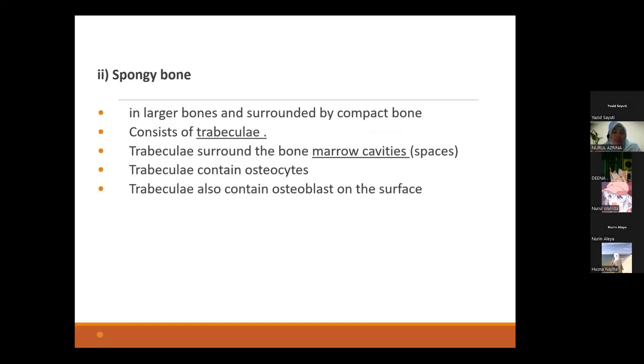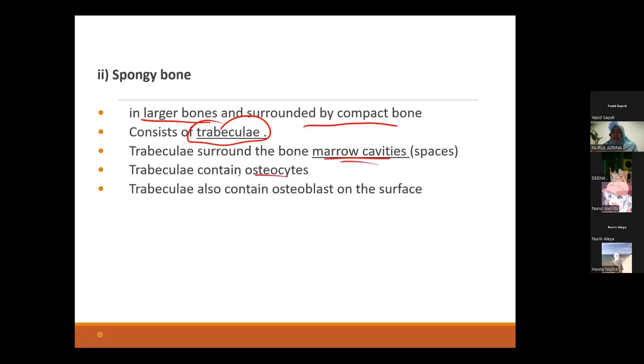Okay. So next we go to the structure of spongy bone. Right. So spongy bone can be found in large bone, and usually it is surrounded by the compact bone. So it consists of trabeculae. So what is trabeculae? Trabeculae is the spaces. Rongga-rongga yang kita nampak tu we call as trabeculae. Okay. Trabeculae surround the bone marrow cavity.